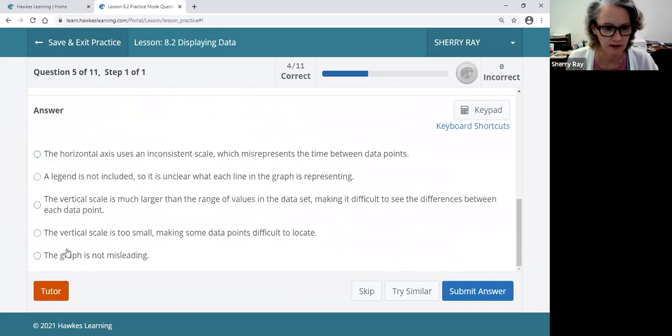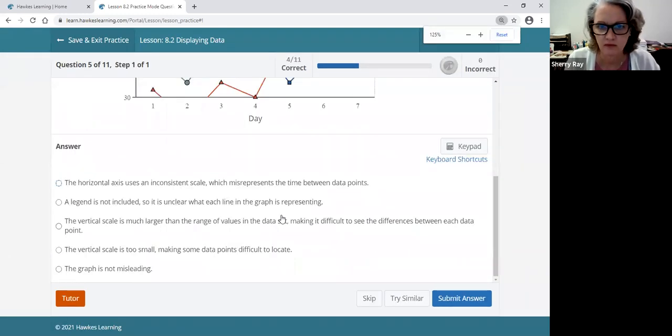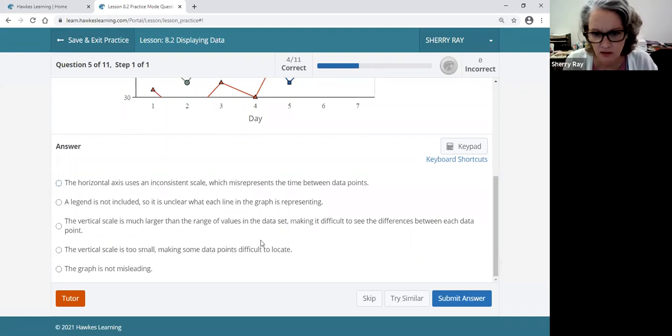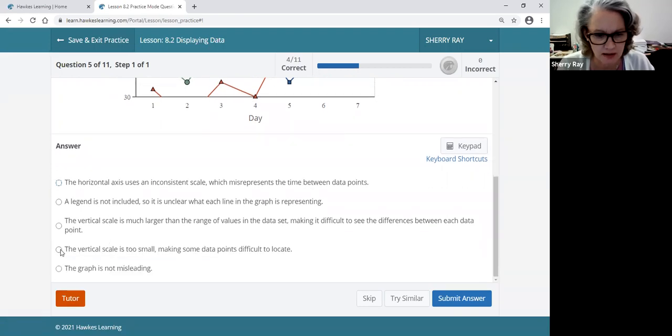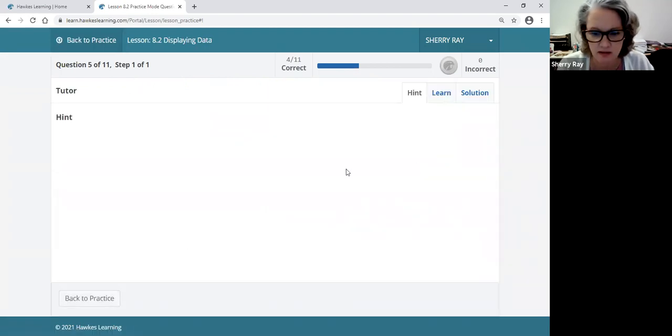The graph is, okay, vertical axis, the horizontal axis. Legend is not included. Okay, I see the bottom of it is cut off. So that would be that the vertical axis is too small and some of the data points are hard to locate because it's cut off.